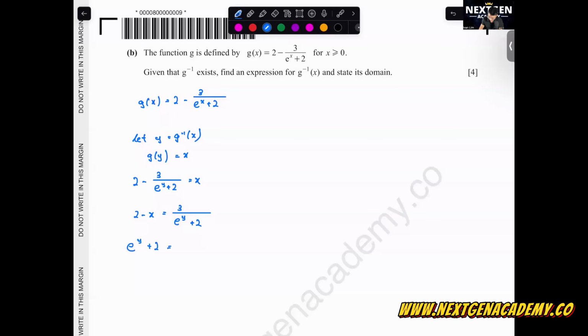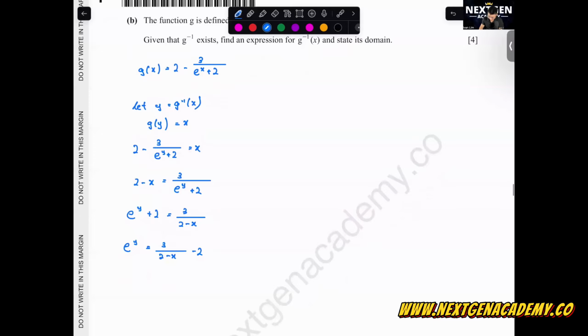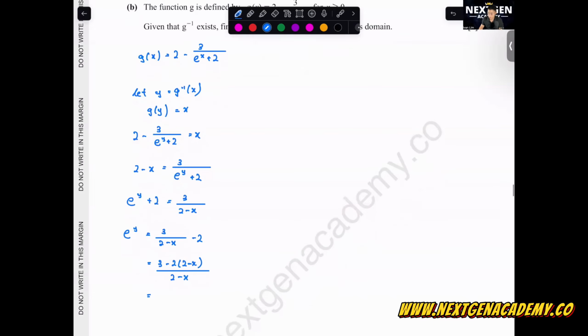So e to the power y plus 2 equals 3 over 2 minus x. E to the power y equals 3 over 2 minus x, minus 2. I want to make it into one fraction: 3 minus 2 times (2 minus x), over 2 minus x. Here will become 2x minus 1 over 2 minus x.